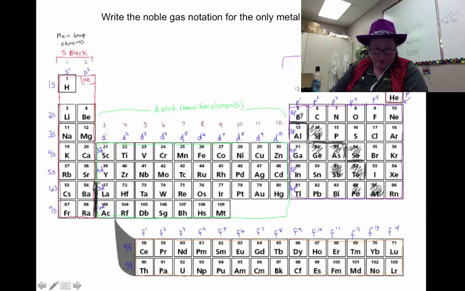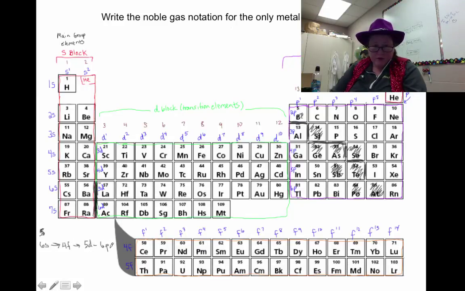So from 6S, hitting this boundary, we would encounter 4F, that would be the entire 4F row, then 5D, and on the other side of the 5D is up to the 6P. So the order of filling goes from the 6S to the 4F to the 5D to the 6P.